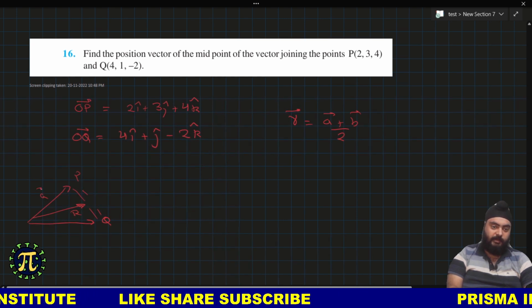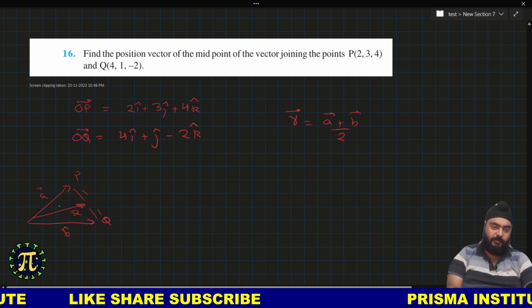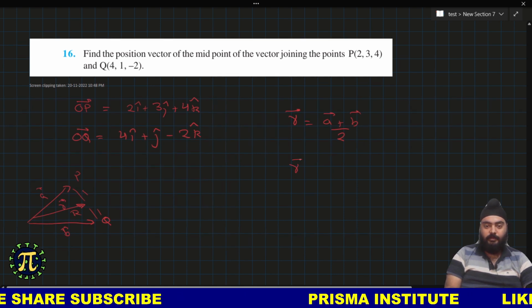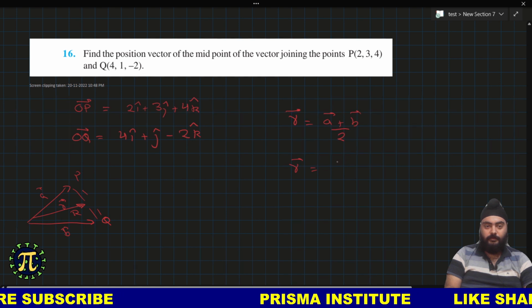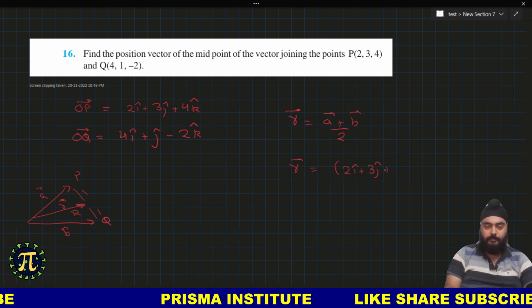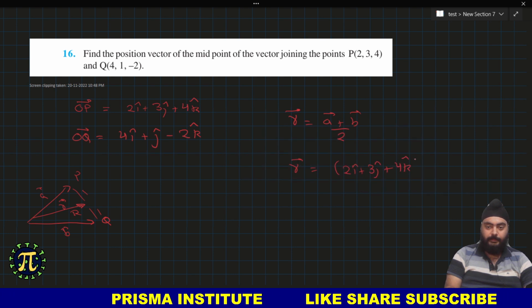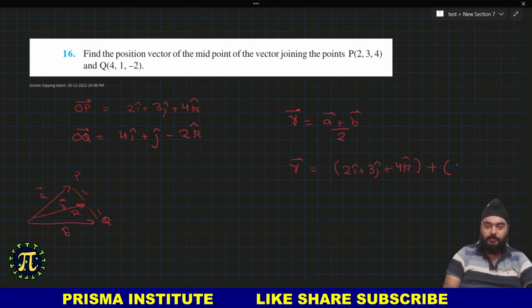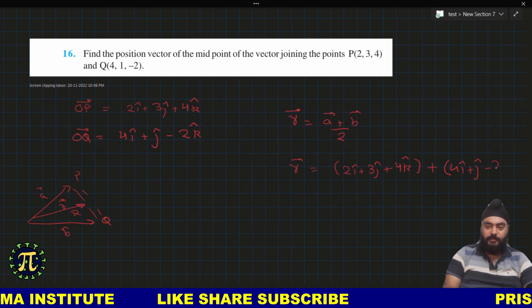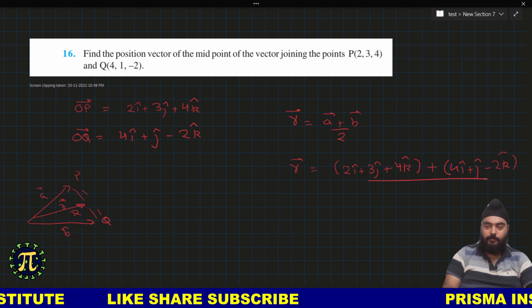So A vector, B vector, and this is what is required from us, R vector. So R vector is nothing but 2i cap plus 3j cap plus 4k cap plus 4i cap plus j cap minus 2k cap divided by 2.